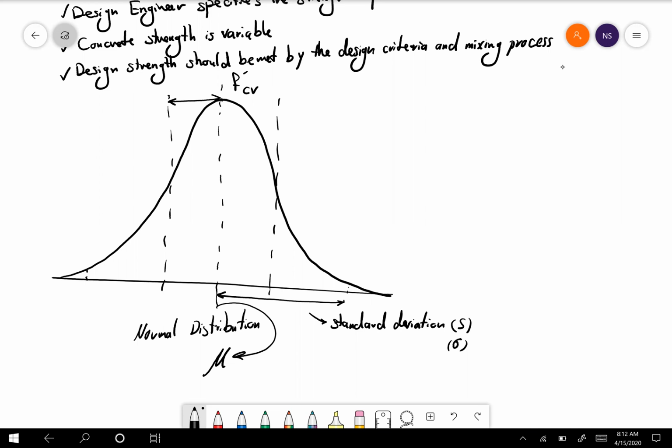So what we want is our F prime C within 1.34 of standard deviation or sigma.